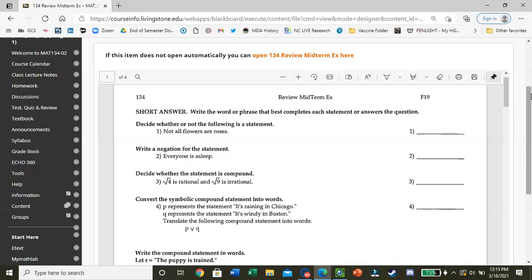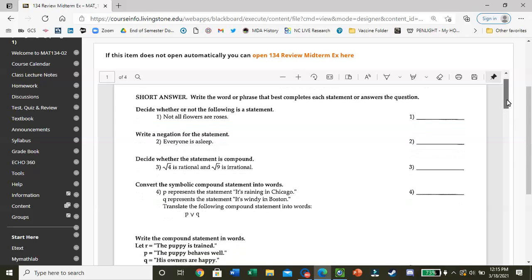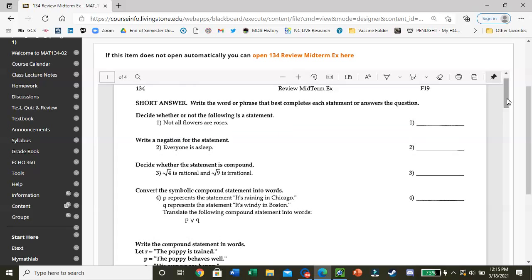And so these are questions that either are straight from the other tests or very much like those questions from the other tests. So from tests 1 and 2, okay, we haven't had test 3 yet. So we're only talking about chapters 3 and 9, okay?